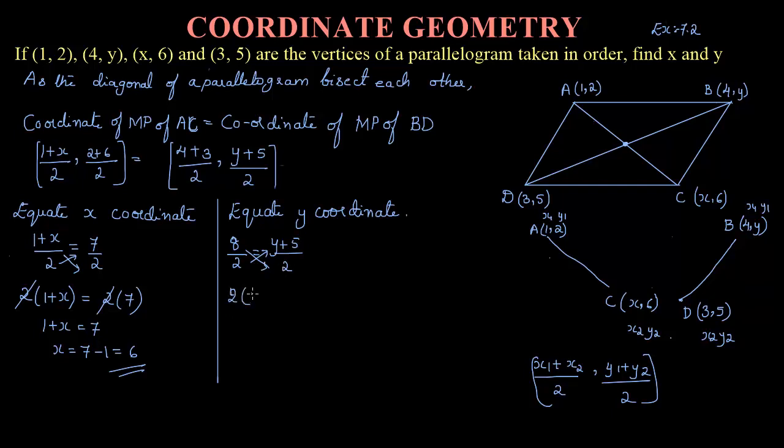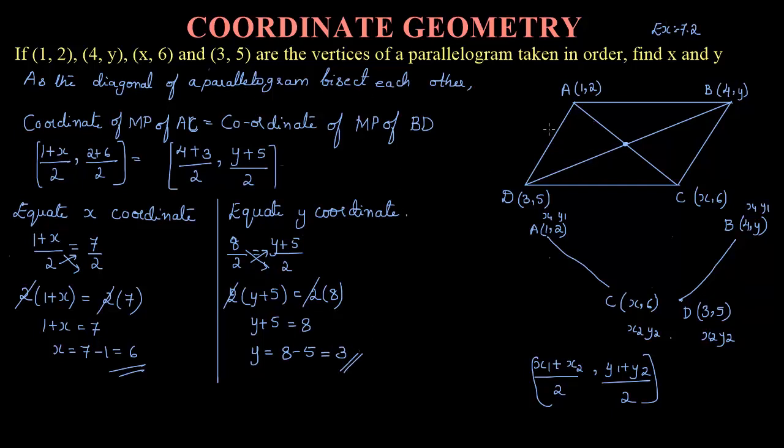So 2 into (y + 5) is equal to 2 into 8. So the 2 is on the opposite side of the equal sign, so you can just cancel it. So y + 5 is equal to 8, and y is equal to 8, and after shifting this 5 to this side it will become minus 5. So how much are you going to get? 3. Right? So when you equated the x coordinate you got the value of x, and when you equated the y coordinate you got the value of y.